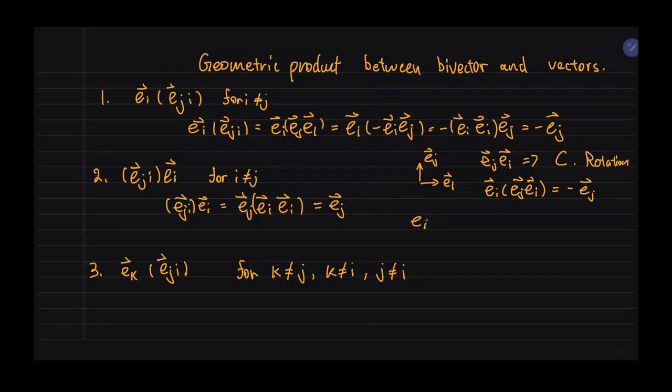Because when we have e_j e_i, when we multiply the bivector from the left side to the vector e_i, we get e_j. So this time it seems like a counterclockwise rotation.